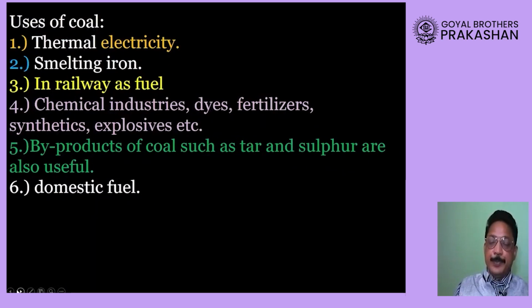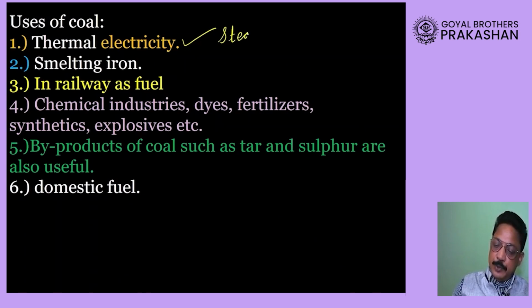Uses of coal. Now, the first very important thing, we need to use coal, dear students, in order to produce electricity. You must have heard the name thermal electricity. Please remember, dear students, when we use coal, we actually heat water using coal, and the steam that is produced by heating water is used to run the turbine.